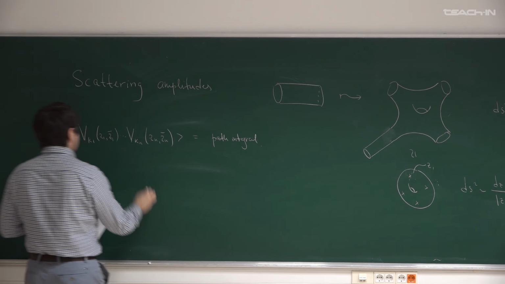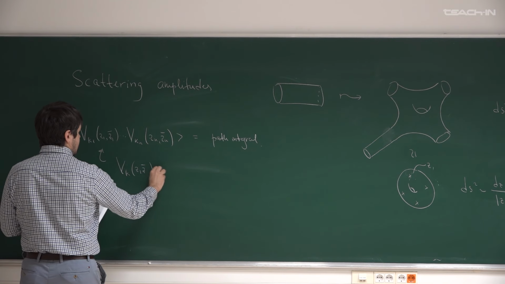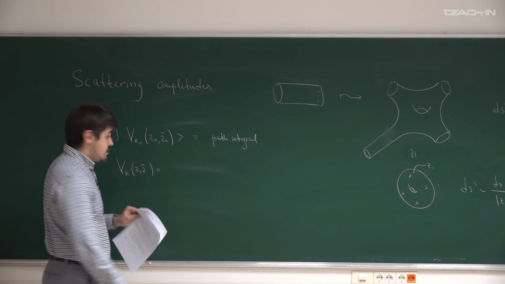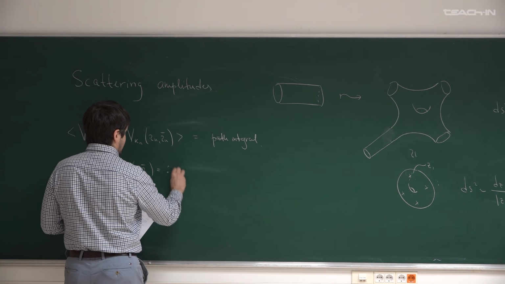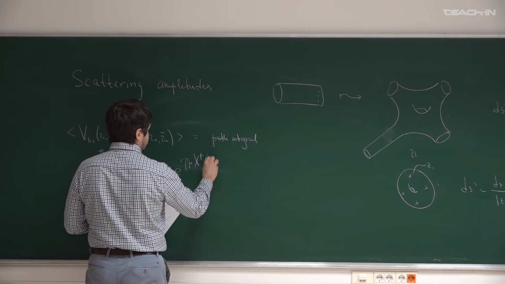But the point is that these operators are exponential operators, so V_k of z, z bar is e to the i k x, more usually written in the form of a normal ordered exponent.